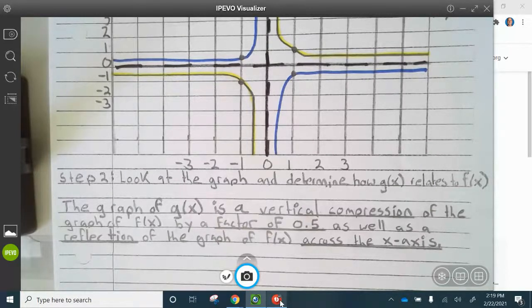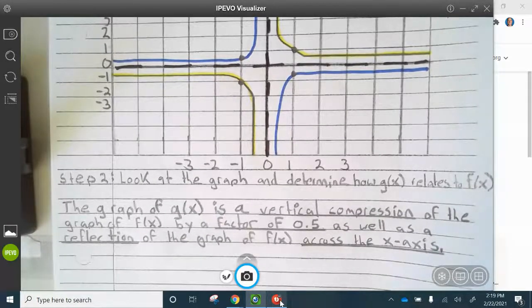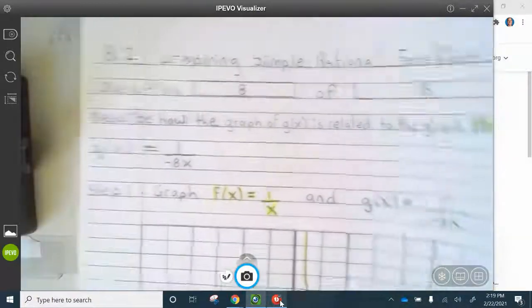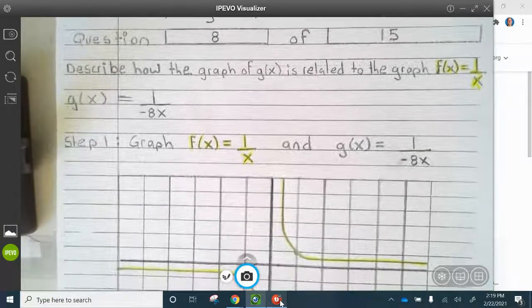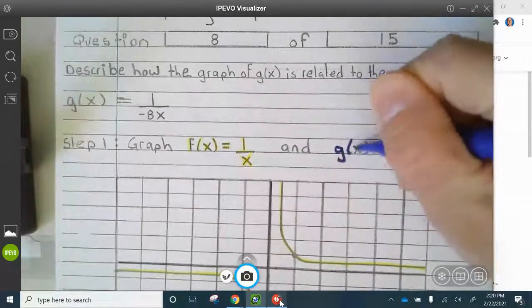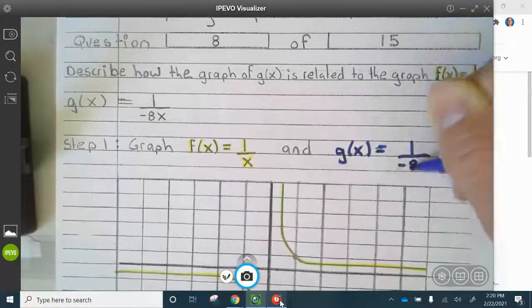All right, describe how the graph of g of x relates to the graph of f of x equals 1 divided by x. Okay. So let's graph g of x. Now you ask yourself, what does x have to be to make the denominator 0? Well, the answer to that is 0, because negative 8 times 0 is 0, so x equals 0. And then plus 0, so then it's y equals 0.